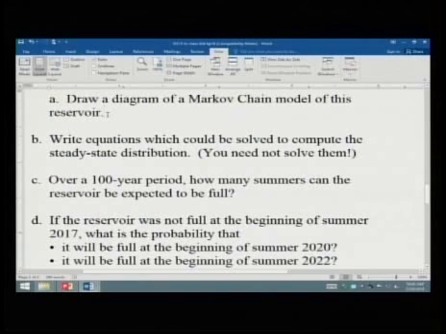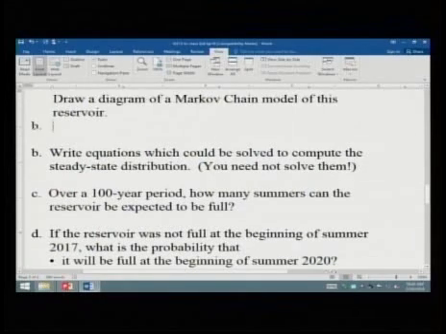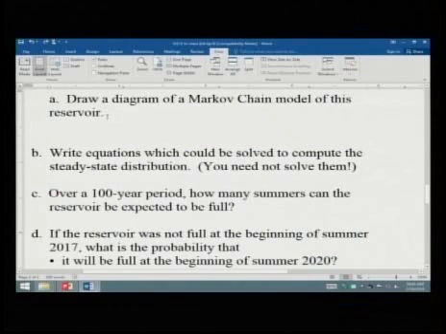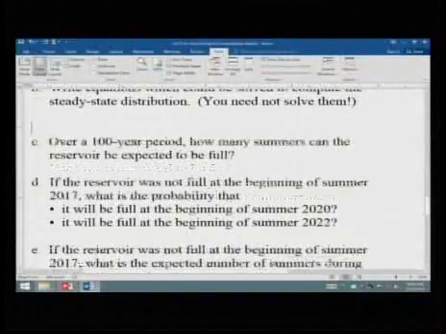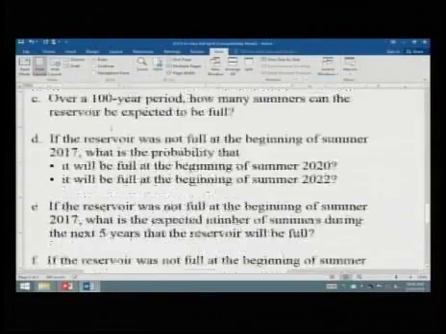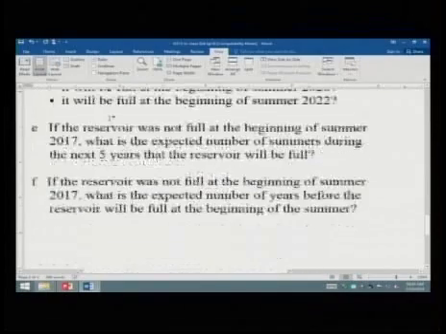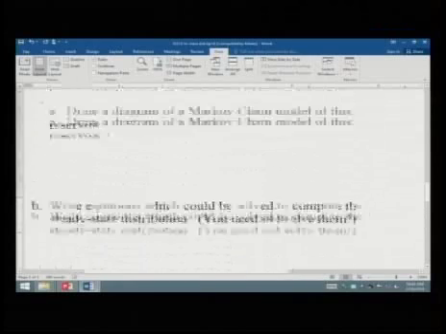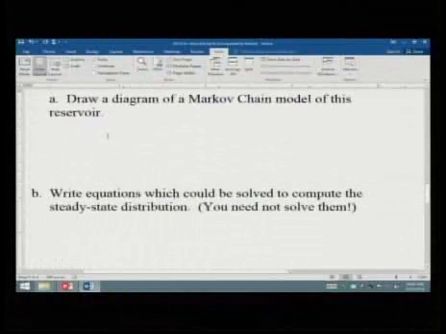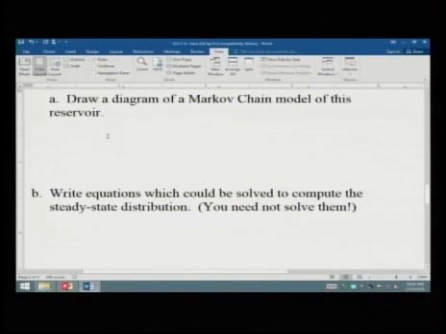Okay, so let me make some space so that I can work on that later. So first we need to draw a Markov chain diagram, which is very easy.